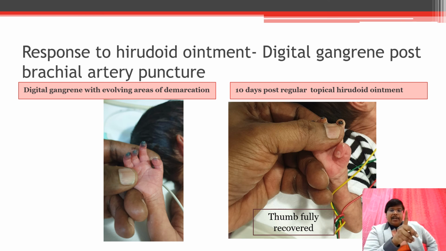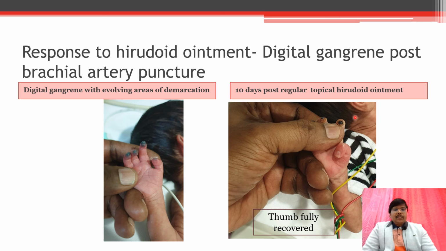I followed the due procedure. This baby recovered, more than a week after. Within 3 days, I put the baby under continuous monitoring, removed all the posters, and ensured the baby is well perfused. I applied only hydroid ointment, with serial monitoring, and there was a line of demarcation which slowly appeared.